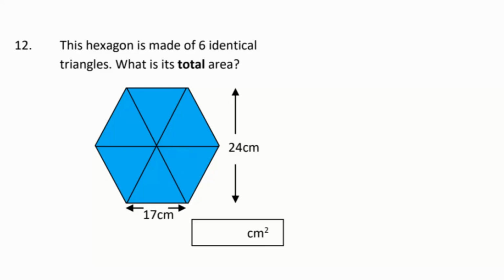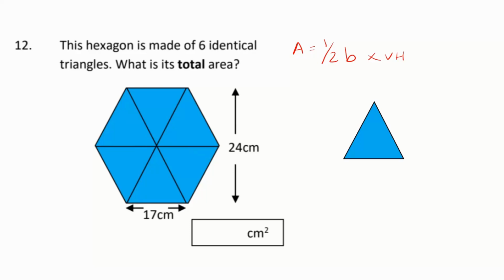So what would be a useful approach to find the total area since you have 6 triangles? So your formula is going to be the same. The area of a triangle is half of the base times the vertical height. So let's just look at one of these triangles.